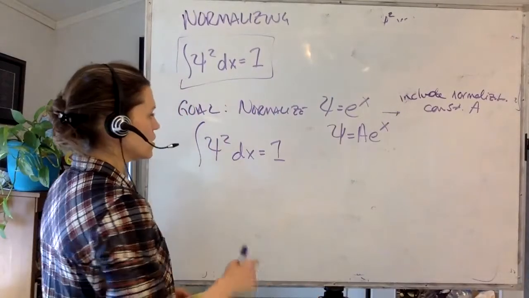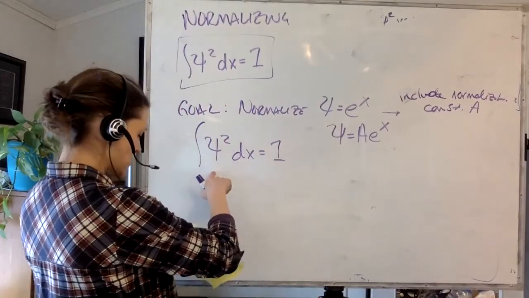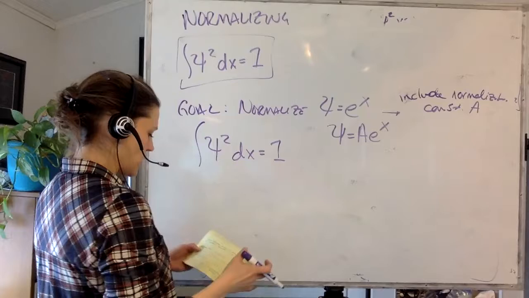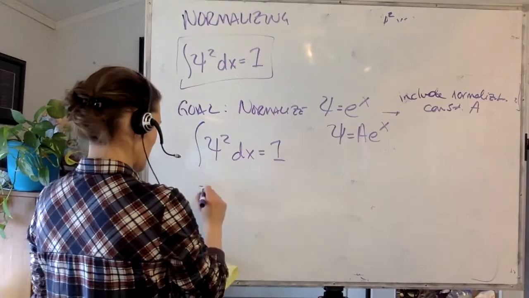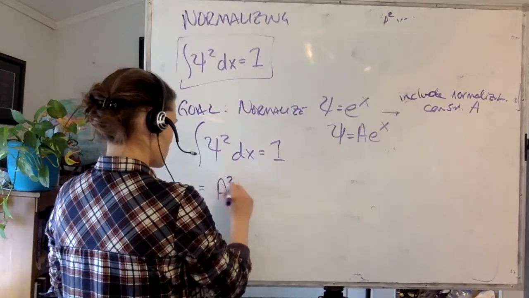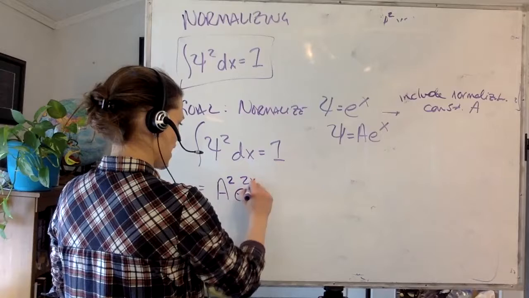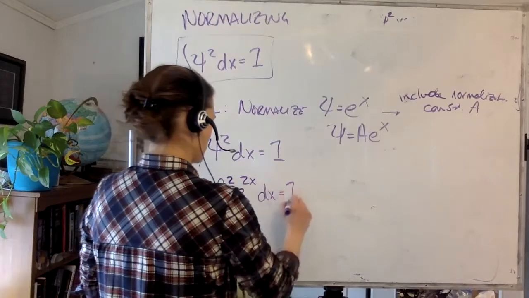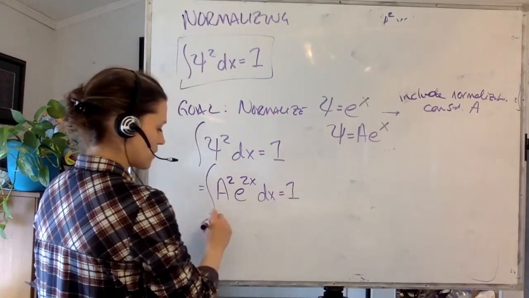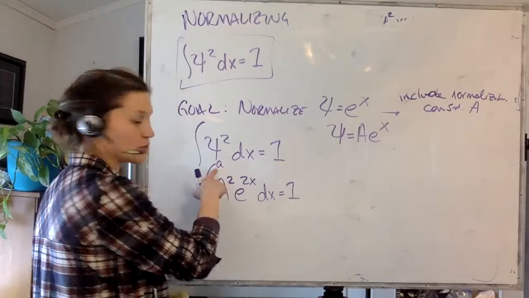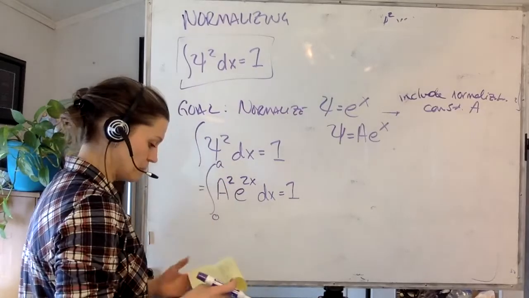Then saying the integral of psi squared dx is equal to 1 is actually saying that the integral of a squared e to the 2x dx is equal to 1, and I'm going to give my limits of integration from 0 to some value little a.